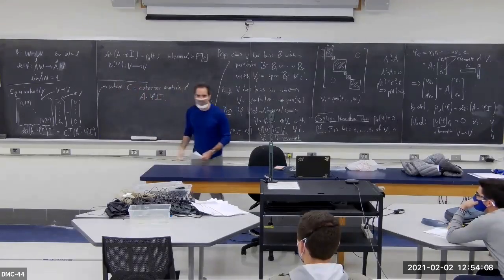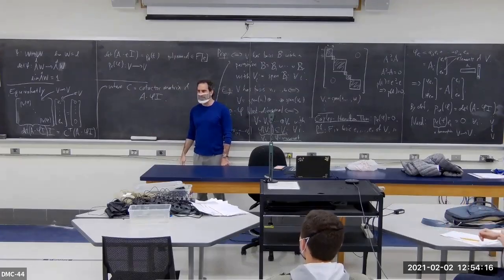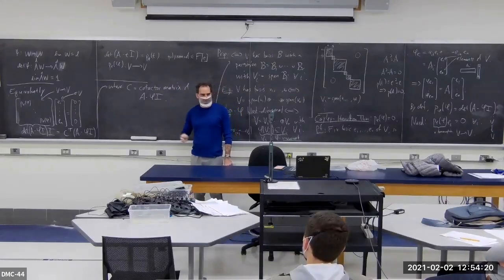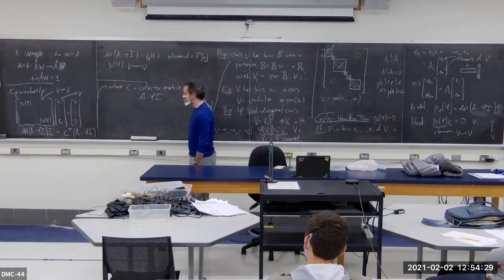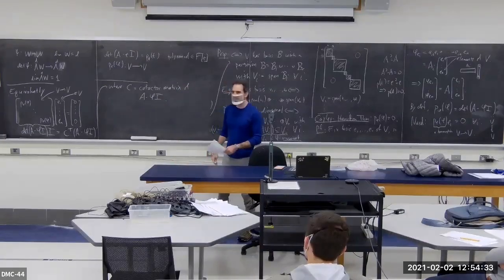And again, if that bugs you, then make this A minus tI, make the cofactor matrix of it, and then plug in phi afterward. We've written down the determinant of A minus tI many, many times in the past. I'm just saying do that, but then at the end replace t with phi. So we know what it means to write down the cofactor matrix of A minus tI. Just do that and then put phis instead of t's.